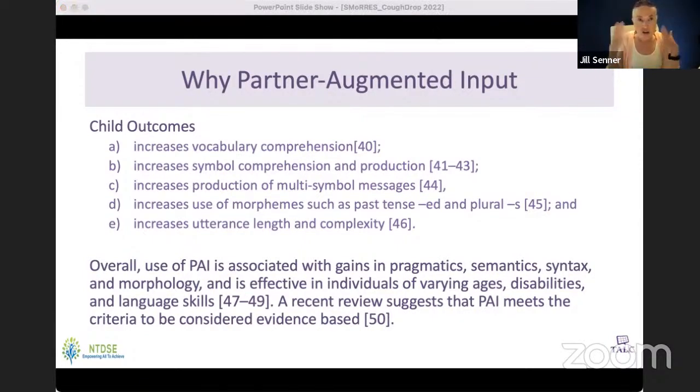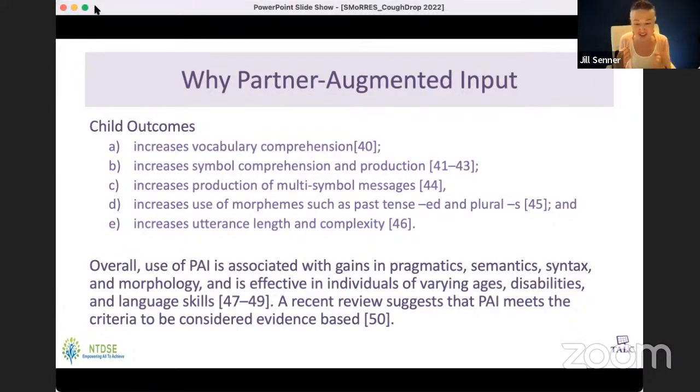Yep. But overall, we have some meta-analyses, which really are kind of that gold standard in research, right? They take years and years of research and condense it into a single paper. That PAI is associated with pragmatic semantic gains in pragmatic semantic syntax and morphology.